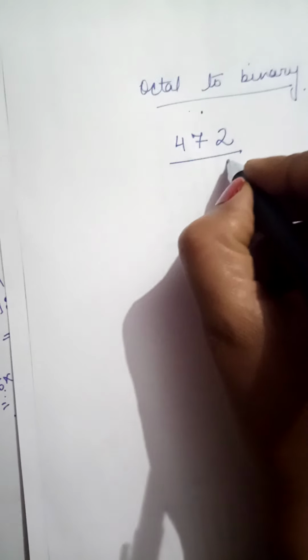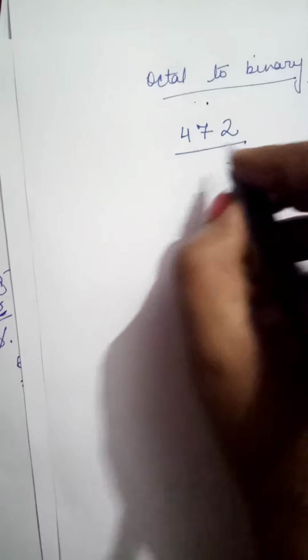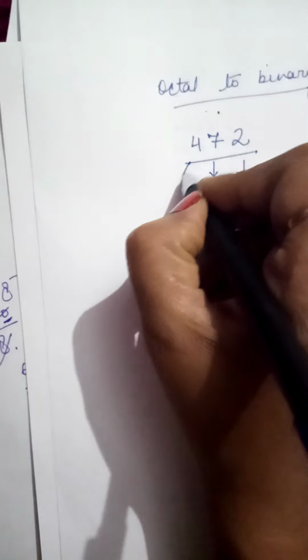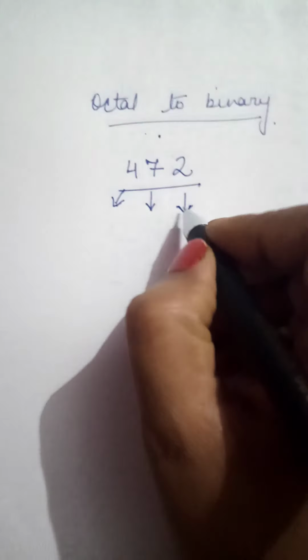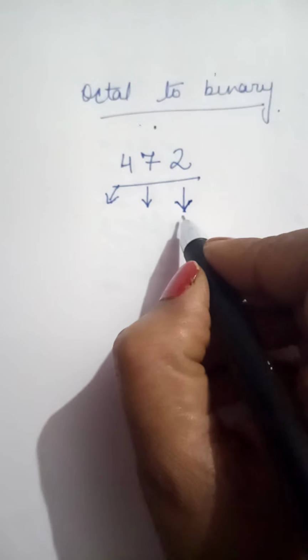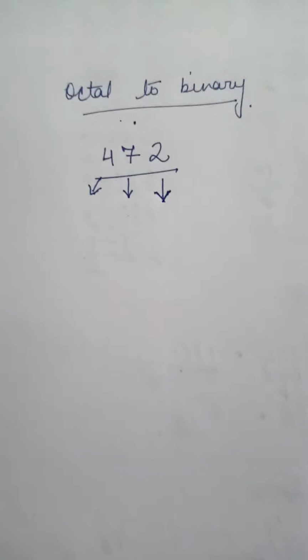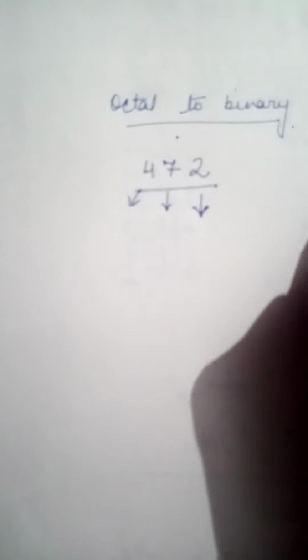So similarly there will be 3 bits in octal to binary conversion. Okay, you will be converting this octal number to binary number. There will be 3 bits. Now again you can use the table. 3 bits.